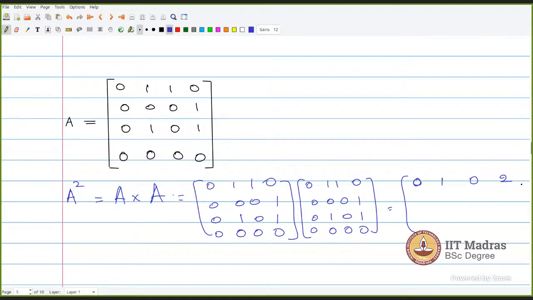But even though it is 2, a non-zero value, we are not worried. In our graph theory, what we worry about is only the paths. So we don't need the weight of the path. We just worry about whether there is a path or not. So in order to check whether there is a path or not, we actually use Boolean values only. If it is 0, it will be 0. If it is any other number, we will put it as 1 only.